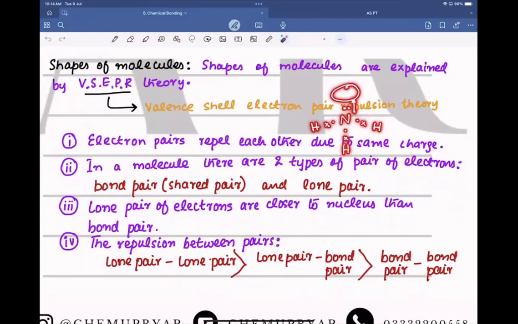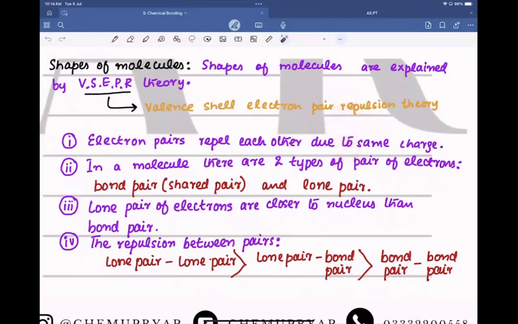No. But on this bond pair, there is a hydrogen atom which is attracting this bond pair towards itself, right? So due to this, the bond pairs get a little away from the central atom as compared to this lone pair. Understand? Yes, sir.